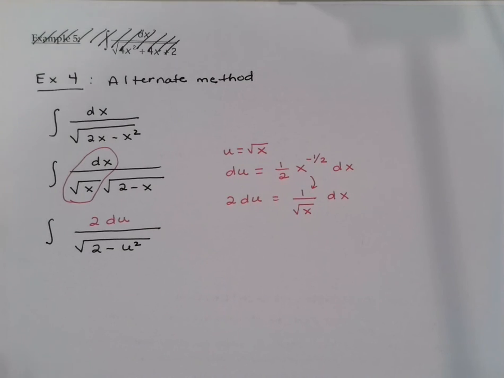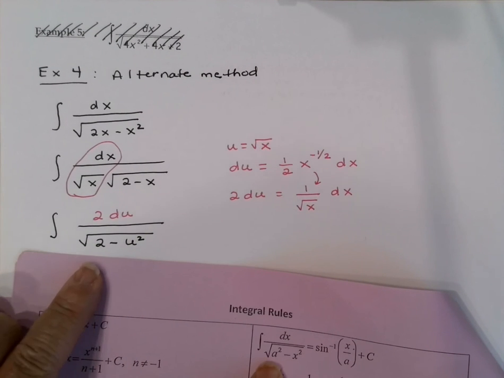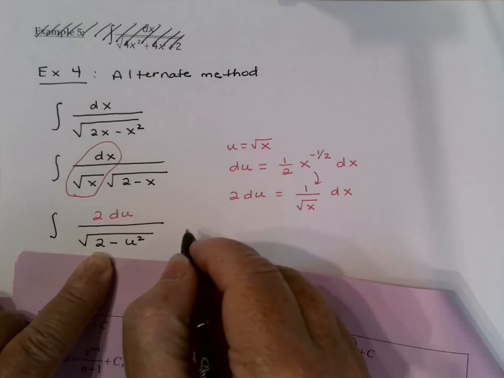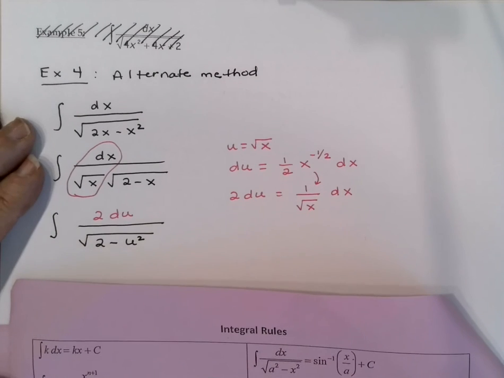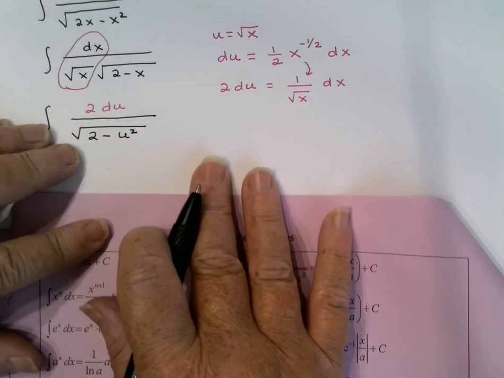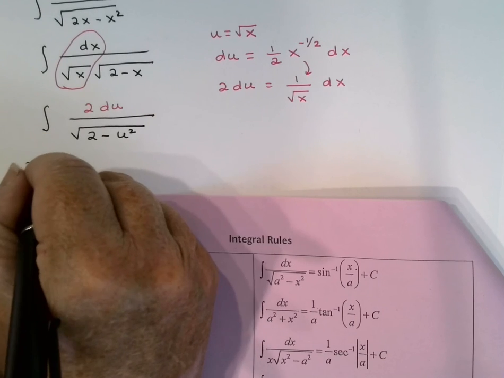Now, at this point, he did go back to the idea from the table of the arc sine. So we're going to go here and say, if we let a be the square root of 2 and x be u, we would have, so you can see everything on the screen here, I'm going to pull this 2 out in front.